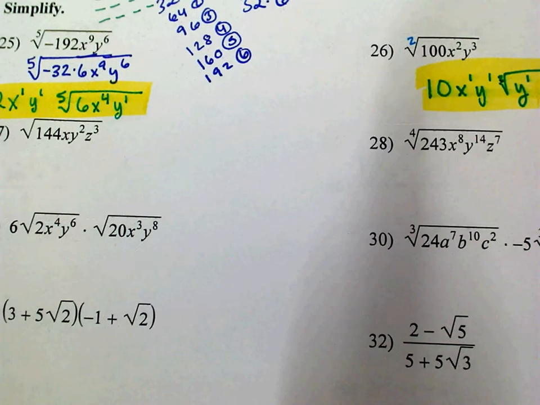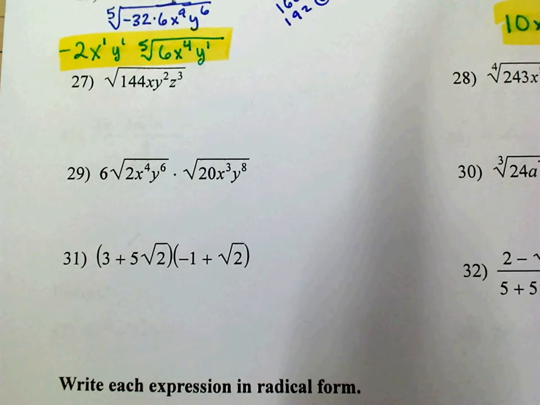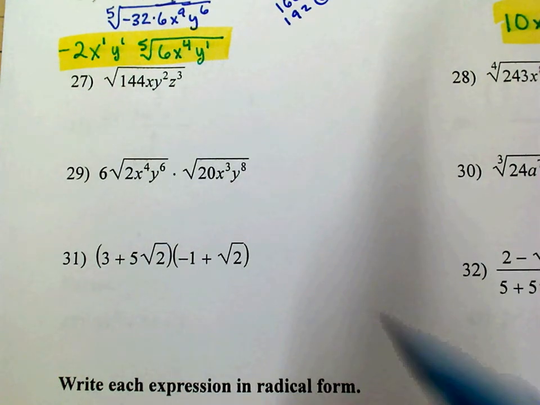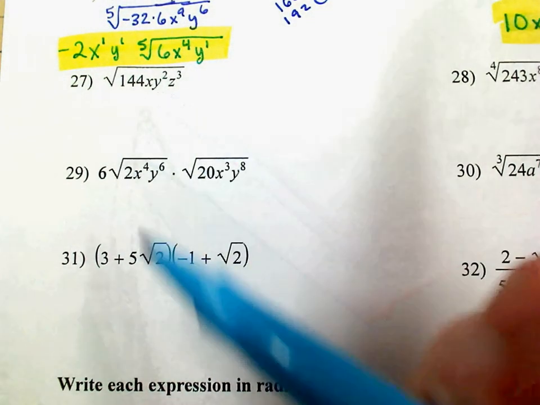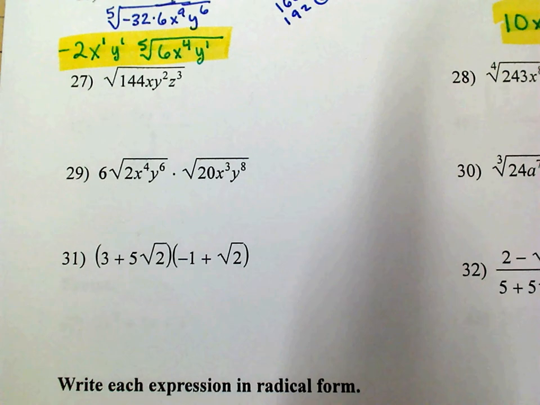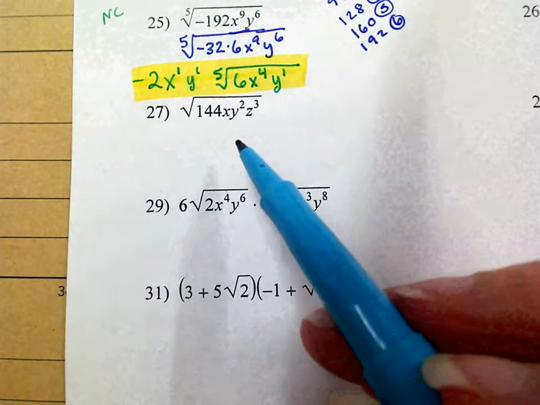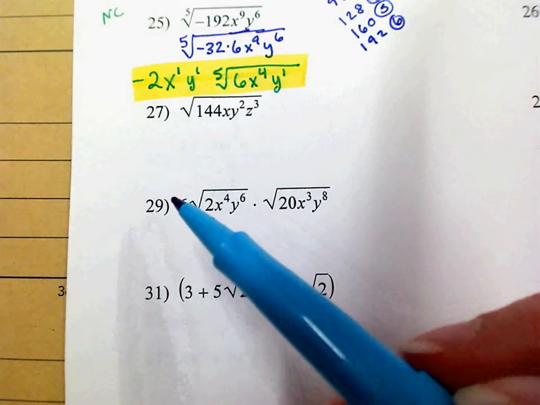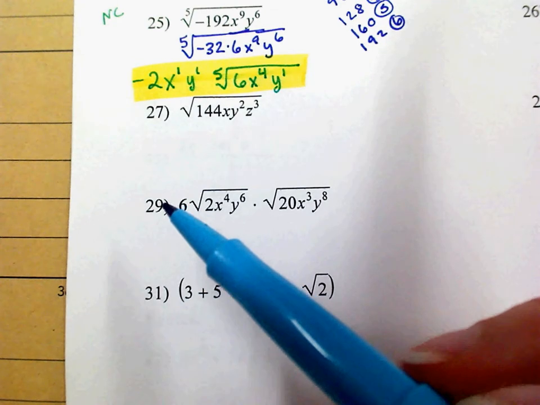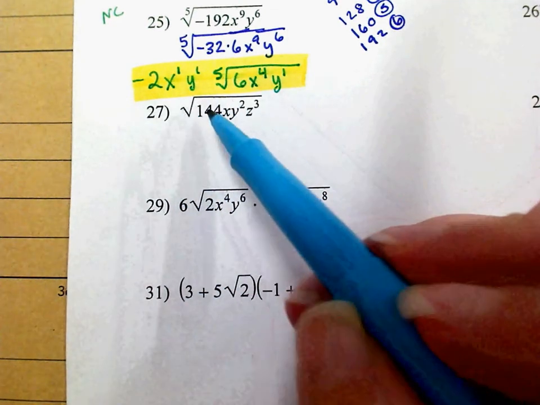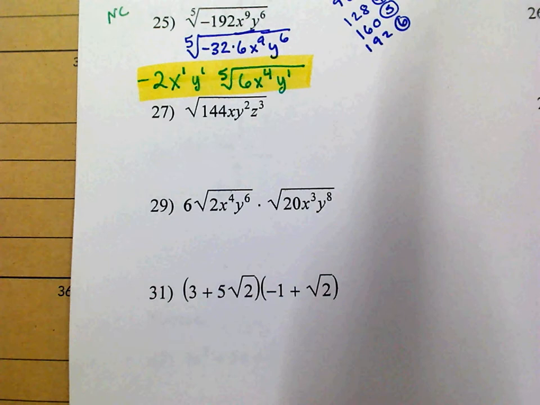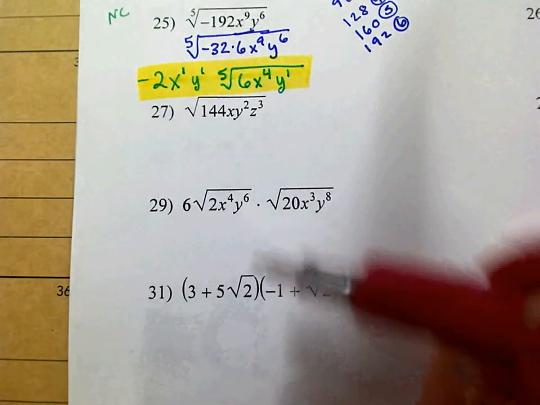Okay, on number 27, I've got the square root of 144x y squared z cubed. That's kind of boring. I guess I'll leave it. What's the square root of 144? 12. So I've got 12.